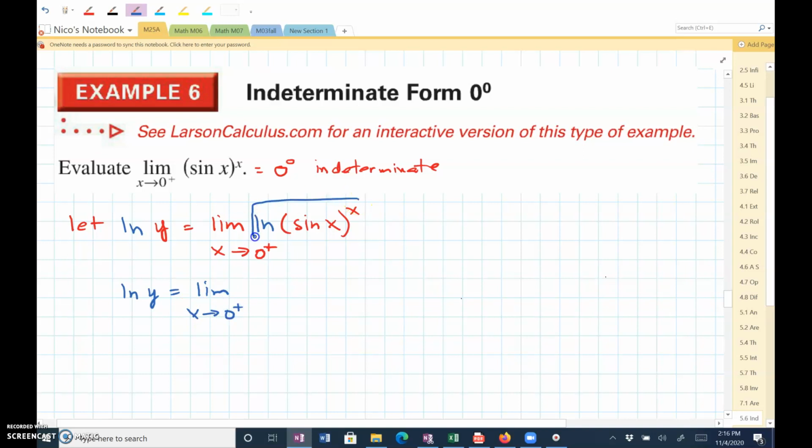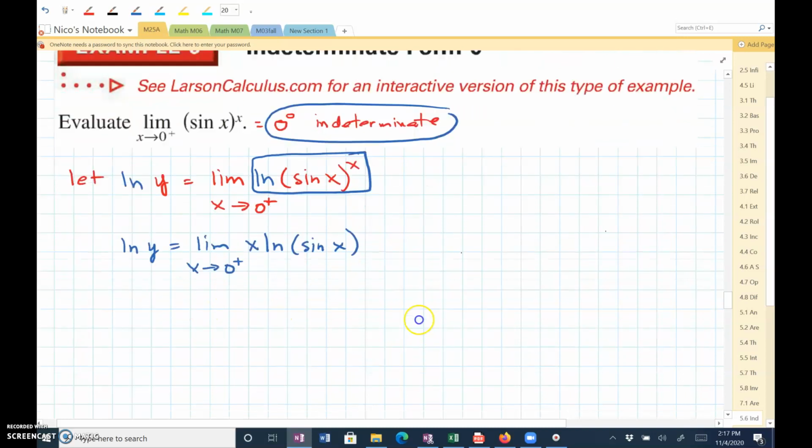And then this guy here, I'll apply the power rule for natural log. So this would be x times the natural log of sine x. And then I'm not going to evaluate it here, because if I evaluate it here, it's going to be indeterminate again, because I really haven't done anything different to this.